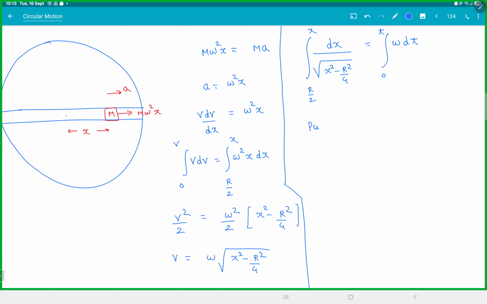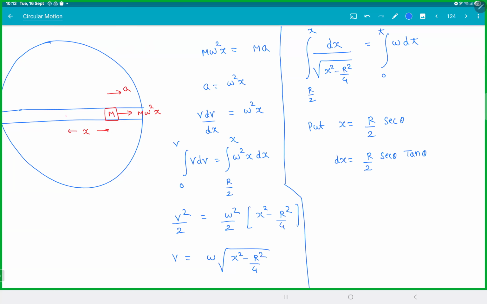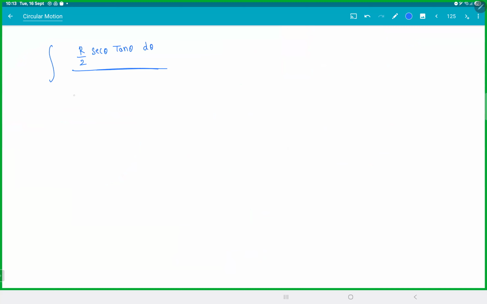So we use integration by substitution. We put x is equal to r by 2 sec theta. dx will be r by 2 sec theta tan theta d theta. So take this and substitute there. Root over x square minus r square by 4 becomes r by 2 root over sec square theta minus 1.